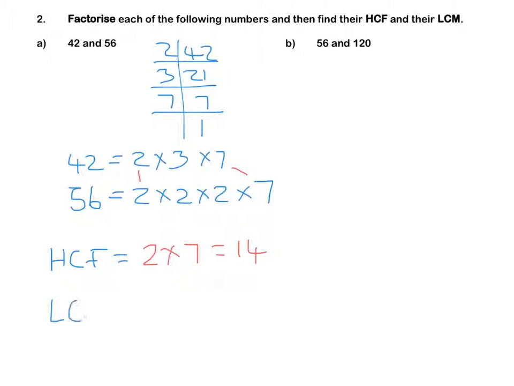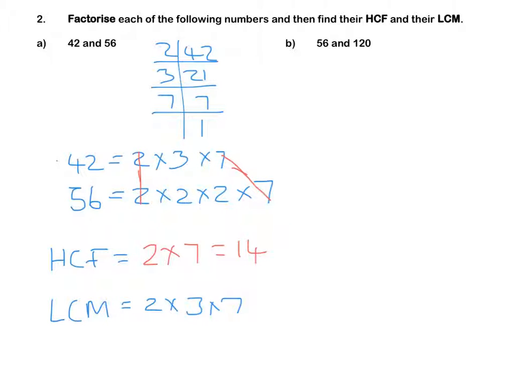For our lowest common multiple, it's a little bit different. We first write out all of our factors of our smallest number, which is 2 times 3 times 7, and then we check what is missing from our factors of 56. So, we have our 2, we have our 7.